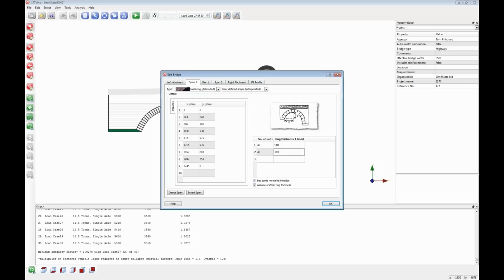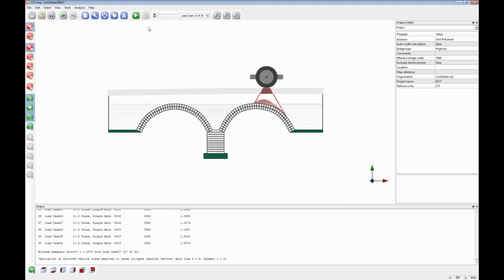So instead of 210mm thickness span 1, I've got two 110mm thick arch rings. I'll do the same for arch 2, and we can repeat the process that we did before.